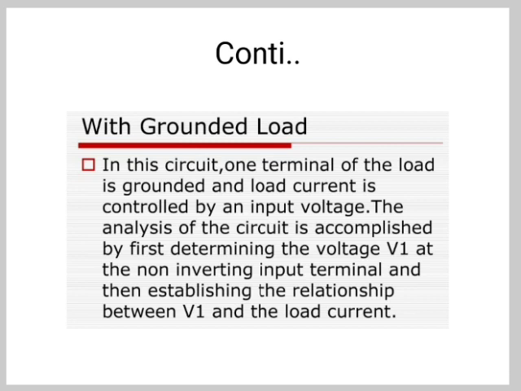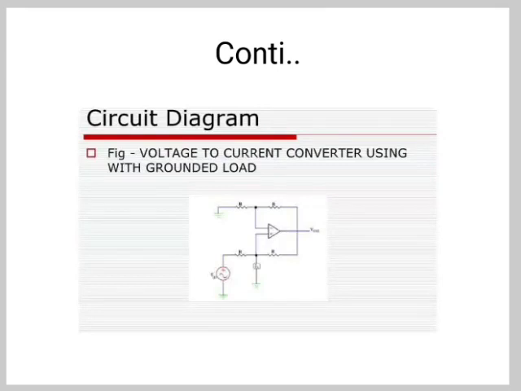The analysis of the circuit is accomplished by first determining the voltage V1 at the non-inverting input terminal and then establishing the relation between V1 and the load current. So this diagram shows the voltage to current converter using grounded load.